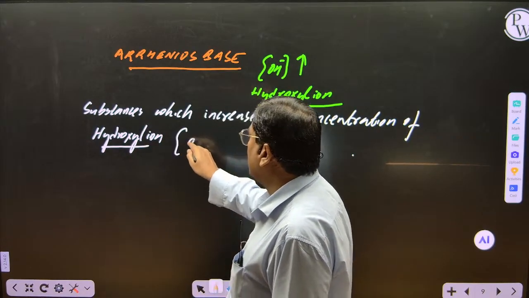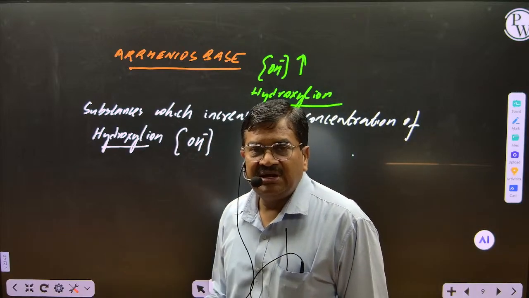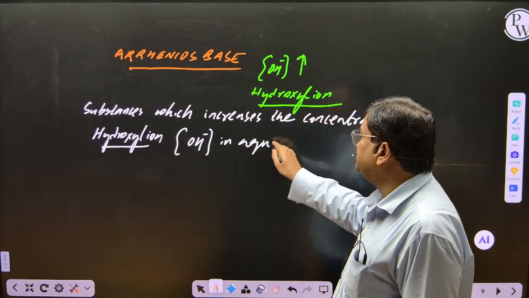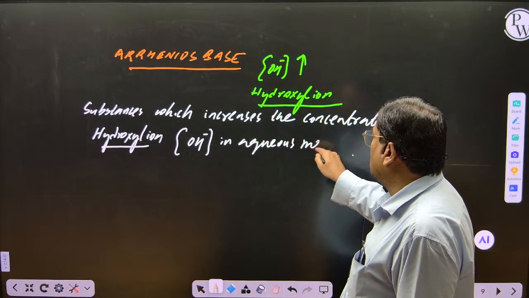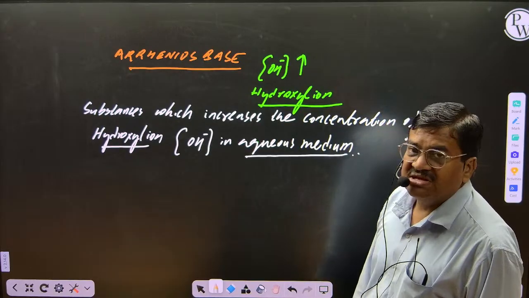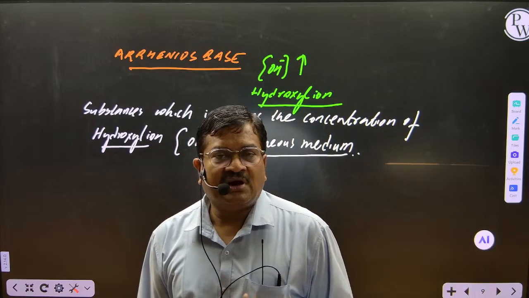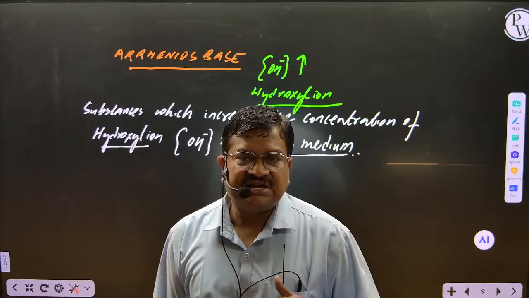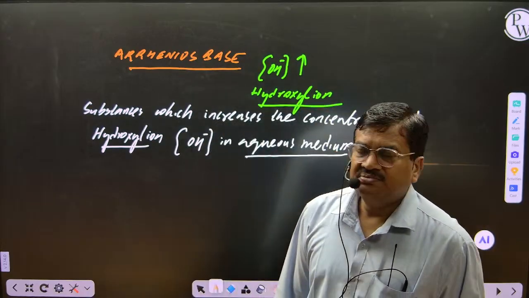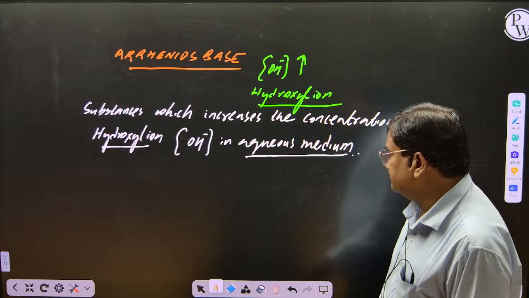Only in aqueous medium. I told you this theory is applicable only in aqueous medium. Such substances we call an Arrhenius base. If they give OH minus ion in aqueous medium, we call it an Arrhenius base. If substances give H plus ion in water, those are called Arrhenius acid. Simple.